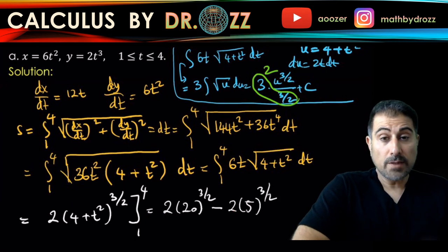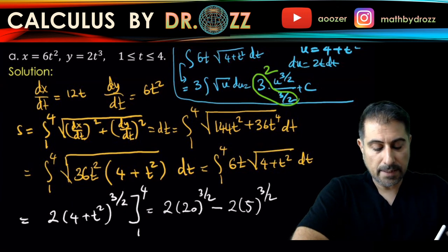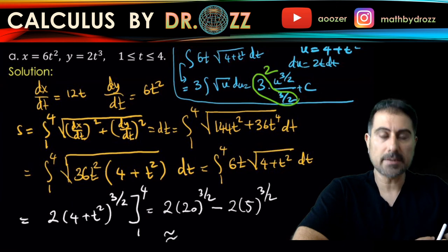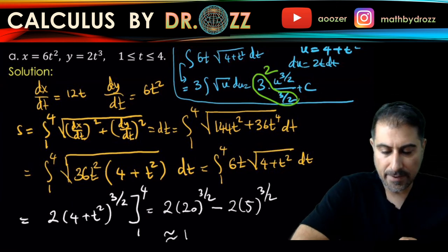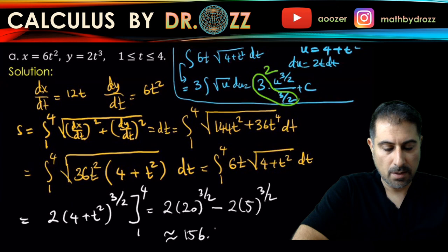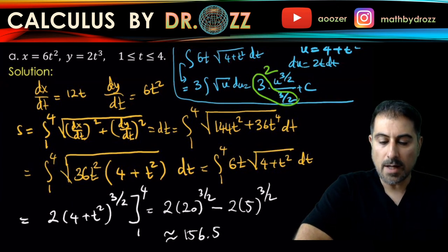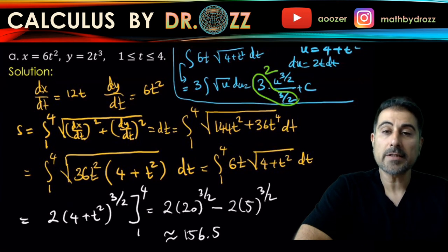Now if you want to, you can use your calculator to get an estimate, and you should be able to get 156.5 as the result of this integral. That is the arc length of x equals 6t squared and y equals 2t cubed from 1 to 4.